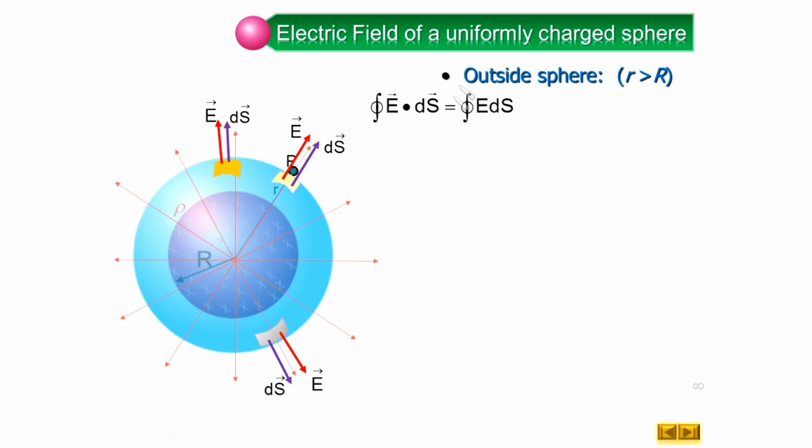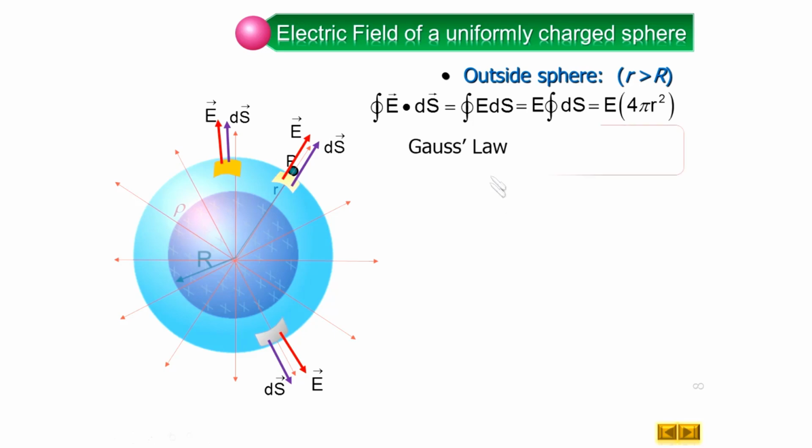That's why we can take E outside the integral. If we take E outside the integral, we are left with the term closed integral ds. This calculation is very easy, and this is nothing but the area of the Gaussian surface, that is the area of the sphere. So we can write here E multiplied by 4 pi r square.